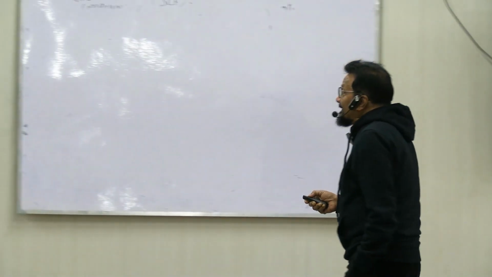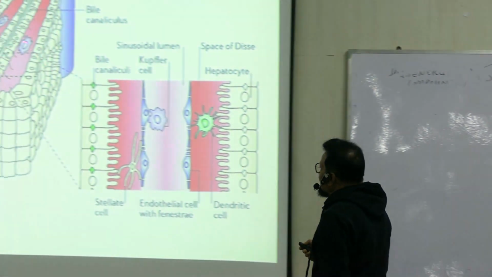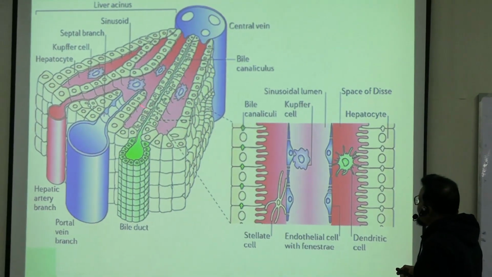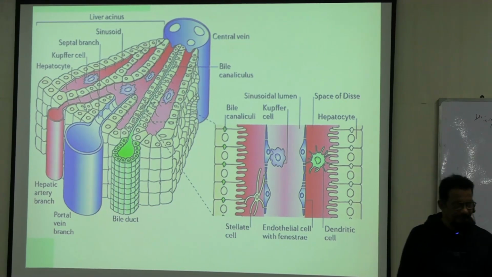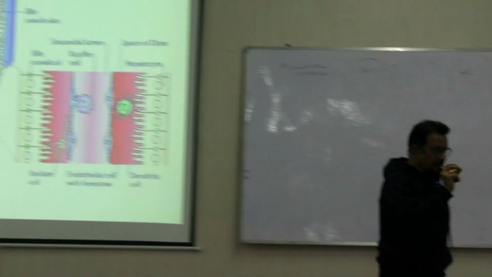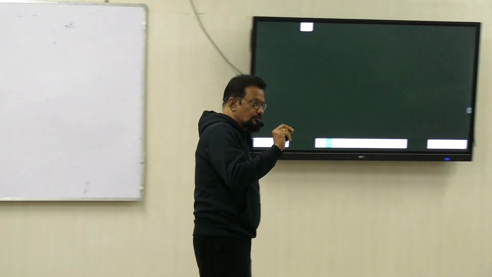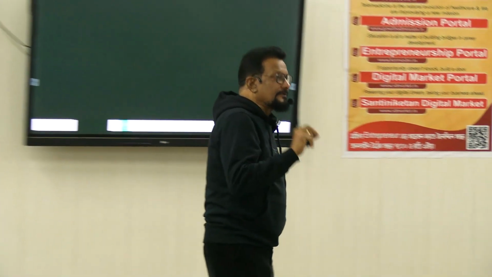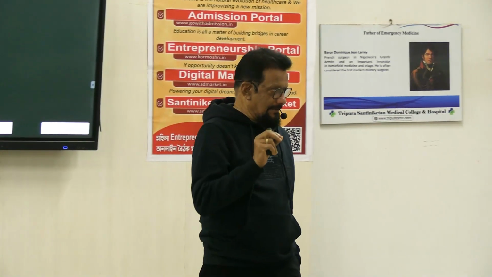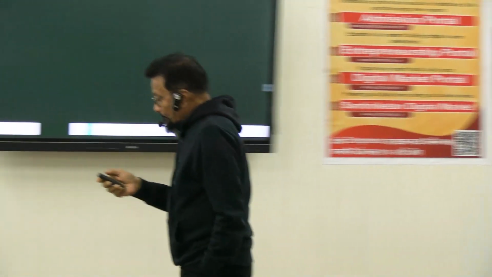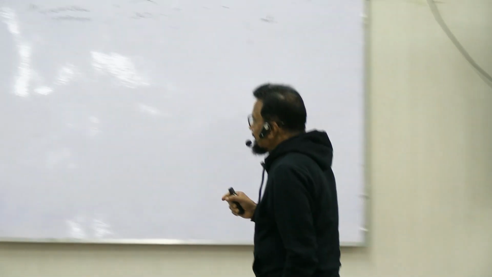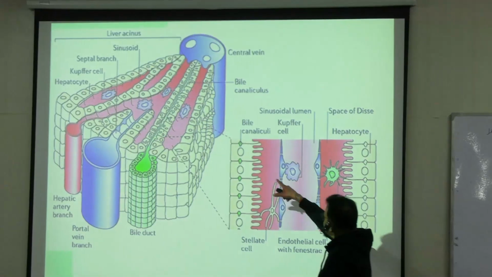Now, these cells, hepatocytes, actually synthesize bile. They produce a secretion, a juice that is called bile. These are the hepatocytes.